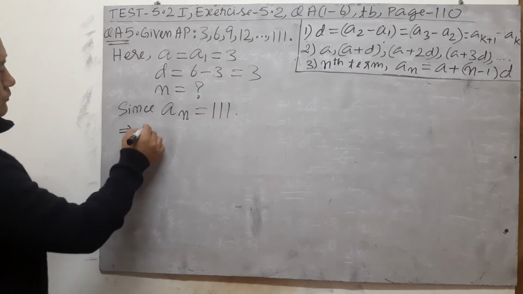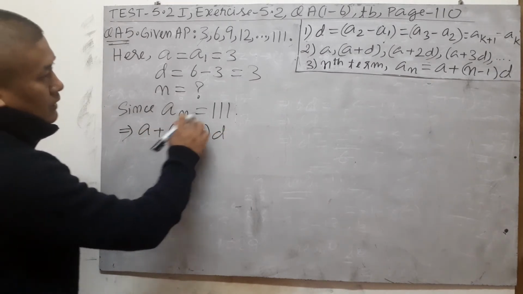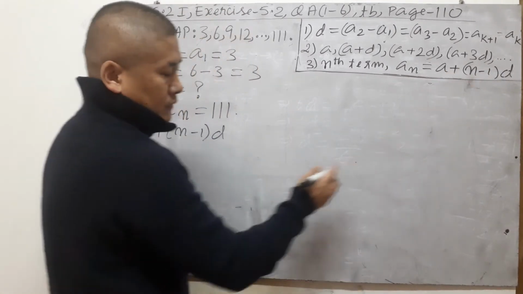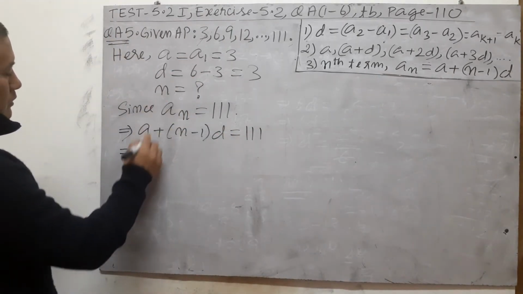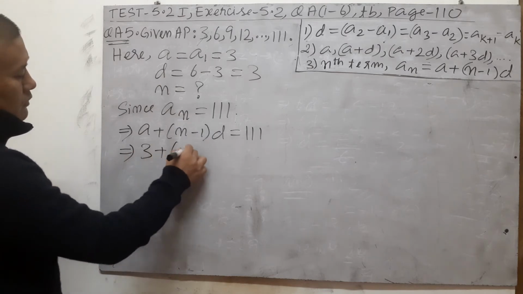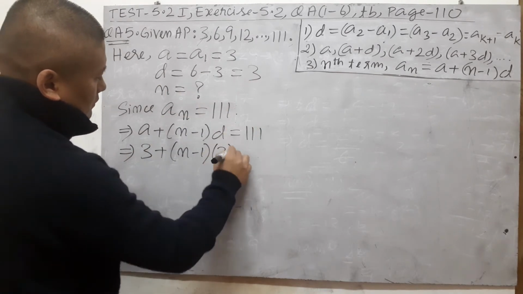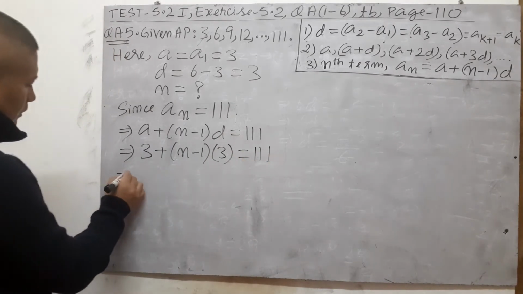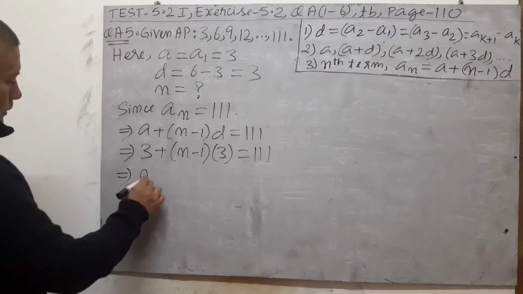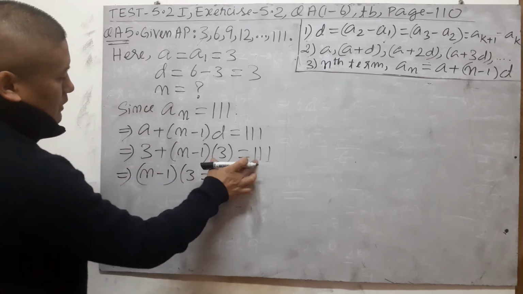That gives you a plus n minus 1 into d for an, using this formula, is equal to 111. Then a value here already 3 plus n we don't know yet, n minus 1 into d is here plus 3. So 111. That gives you n minus 1 into 3 equal to 111, same thing.